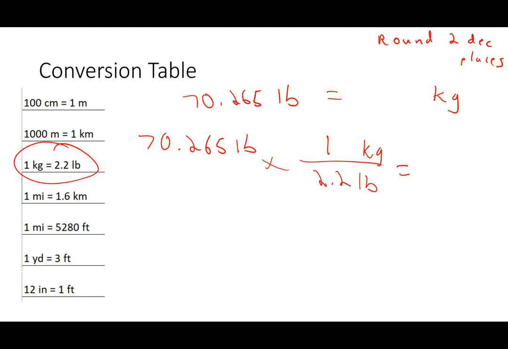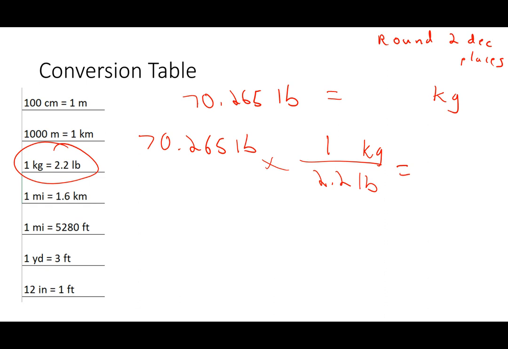When I put this into the calculator, I'm going to input 70.265 times 1 and divide it by 2.2, because I multiply the tops and I divide by the bottom.